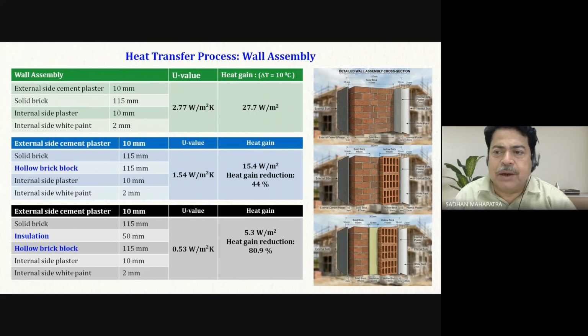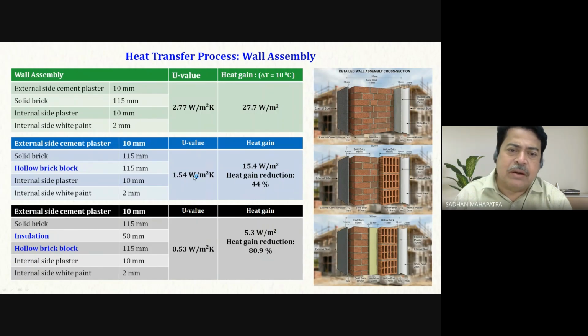Let's modify the building assembly. Instead of the solid brick wall, 115 mm, I have put a hollow brick wall. Hollow brick wall means these are all air, so the overall thermal transmittance comes down. Then you have the plaster and the white paint.